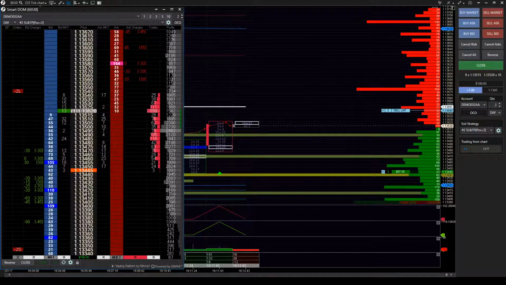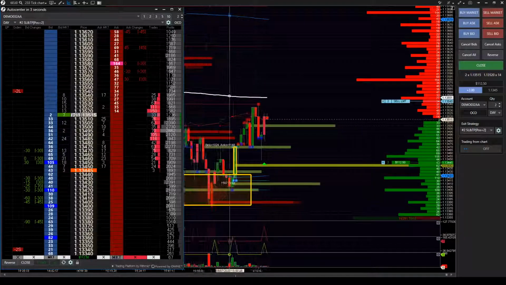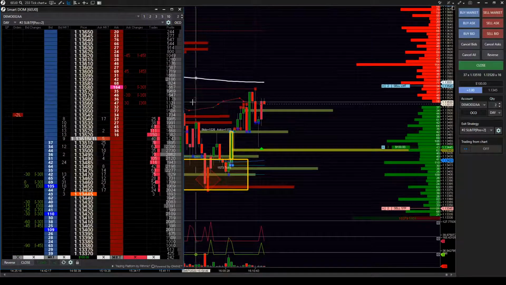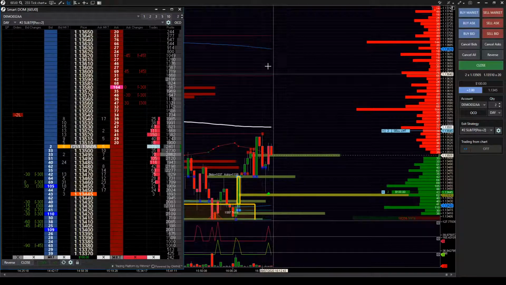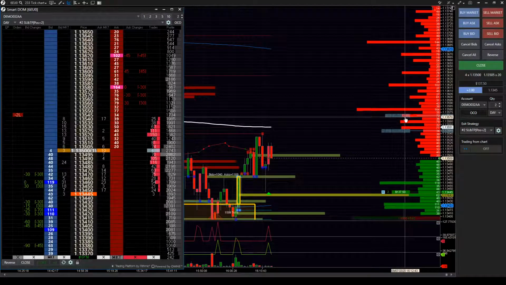Let me switch to the candles so you can see better. On the VWAP, this is our VWAP. The VWAP deviation will be here. We can see this high liquidity on this side.